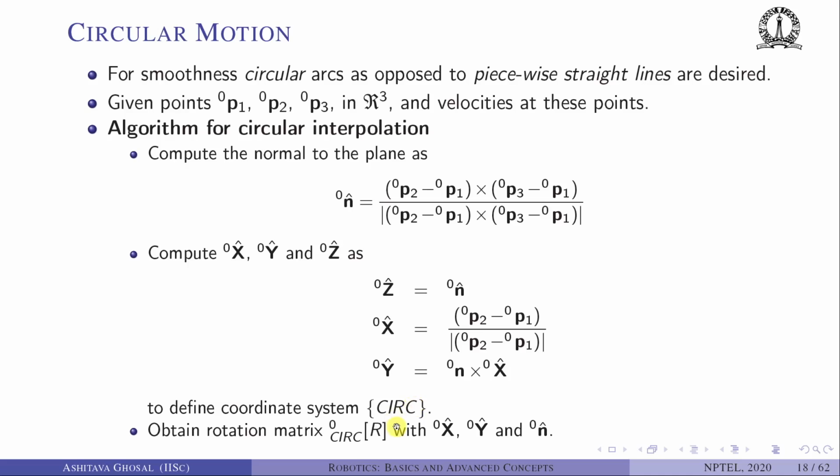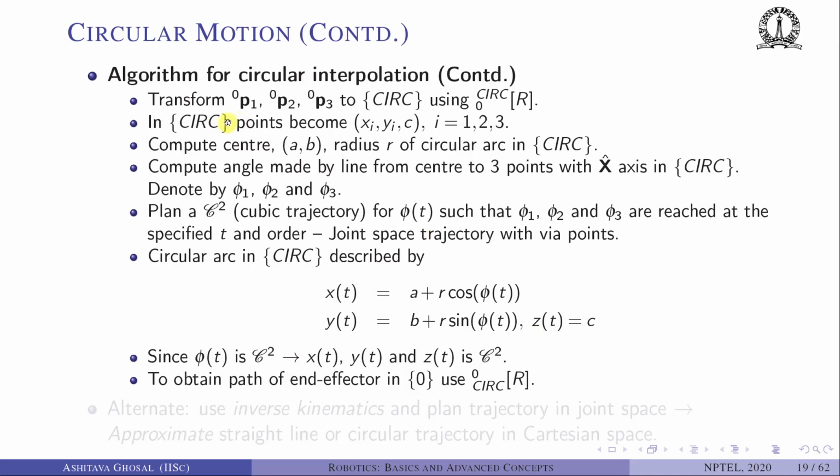Okay, so what is the rotation matrix of this coordinate system CIRC with respect to 0? The first column is the x-axis, the second column is the y-axis, and the third column is the z-axis, which is the normal to the plane. So now we transform this 0p1, 0p2, 0p3 to this coordinate system CIRC using a transformation matrix CIRC0R.